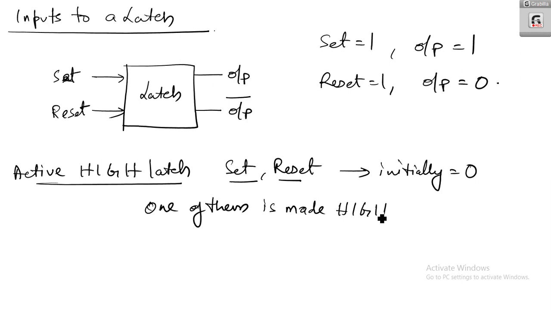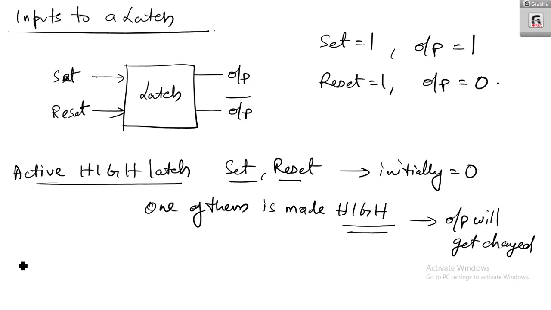If one of them is made high, then the output will get changed. That is known as active high latch. Here I have given that: if set is equal to 1, output is set to 1, and if reset is equal to 1, output is set to 0.